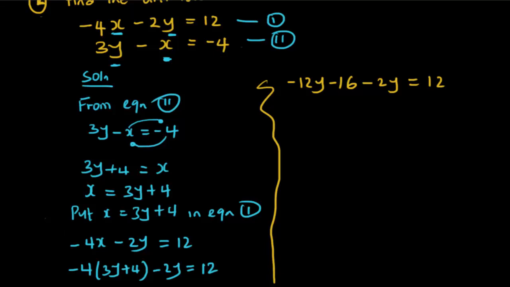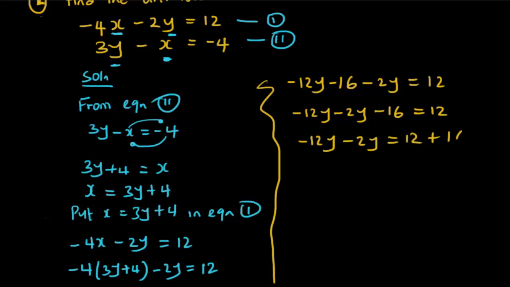I have to collect like terms, so I'll be having minus 12y minus 2y minus 16 equals 12. 16 goes to the other side, and then I'll be having minus 12y minus 2y equals 12 plus 16. Remember, we have minus here. When it crosses, it becomes plus. Minus 12y minus 2y is minus 14y equals 12 plus 16 is 28.